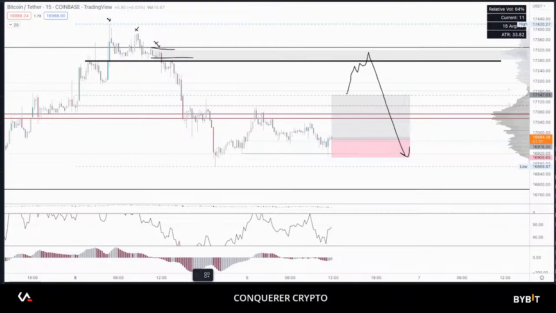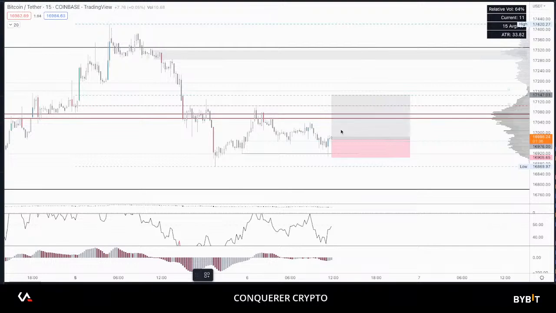Yeah, sometimes I don't care, if the setup looks good, because if you don't take it, then you're looking for a perfect entry, right? But I know where I'm wrong, so I have my invalidation.